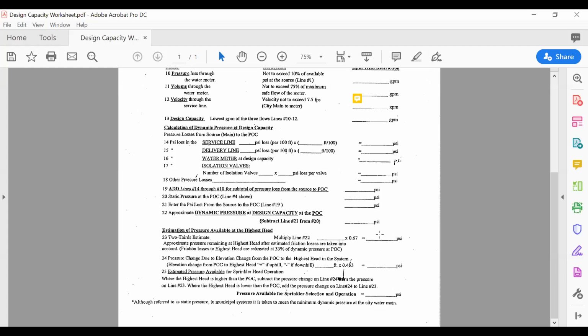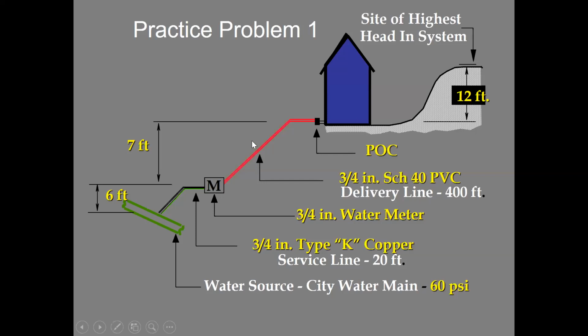So we started out with 60, and to get to that hill, all we're working with is 7. That 400-foot line doesn't help. Exactly. And this kind of scenario really illustrates why it's important to know this.